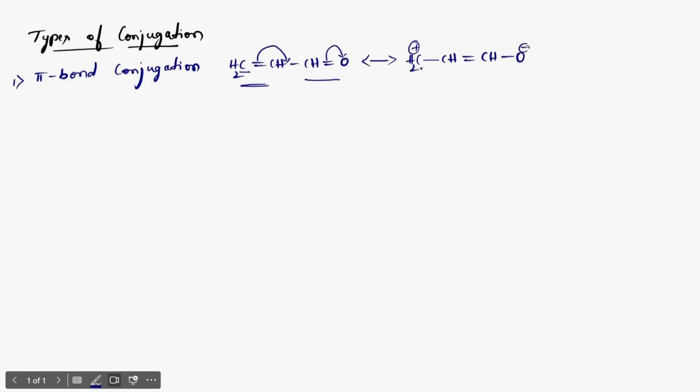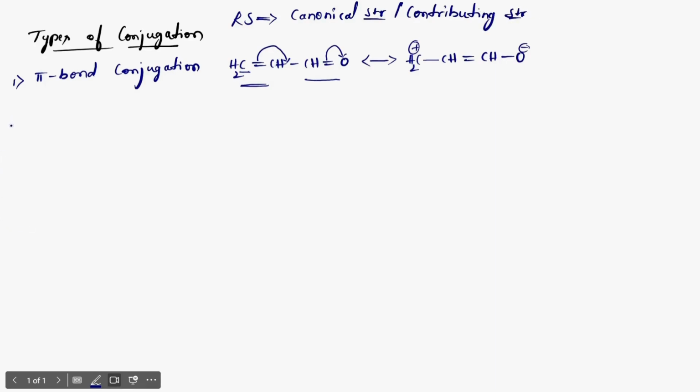These two structures are called resonance structures, and these resonance structures are also called canonical structures, or contributing structures.